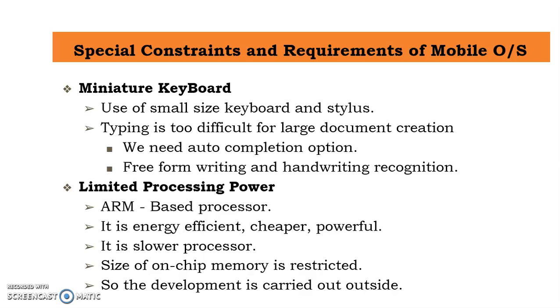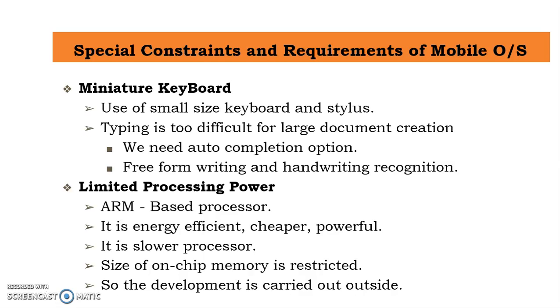Okay, next, limited processing power. It is based on the processor. In each and every mobile operating system, we have to use a limited power processor. So we have to manage different applications that we use simultaneously.